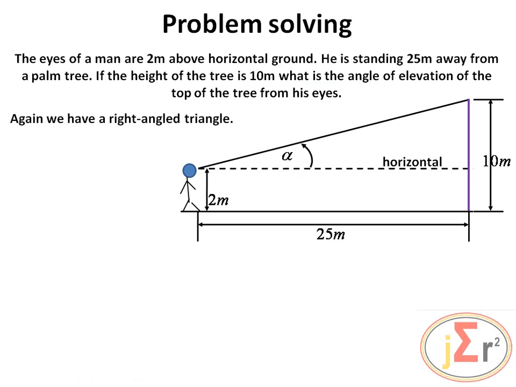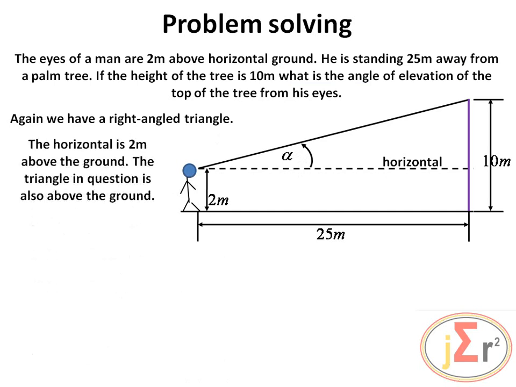So our situation is that we have a right angle triangle again. The horizontal is 2 meters above the ground. The triangle in question is also above the ground. So the triangle that we are talking about is this one. Remember that the angle of elevation is taken from his eyes. So this is where we are going to have our angle of elevation, right at this point, which is this angle right here.